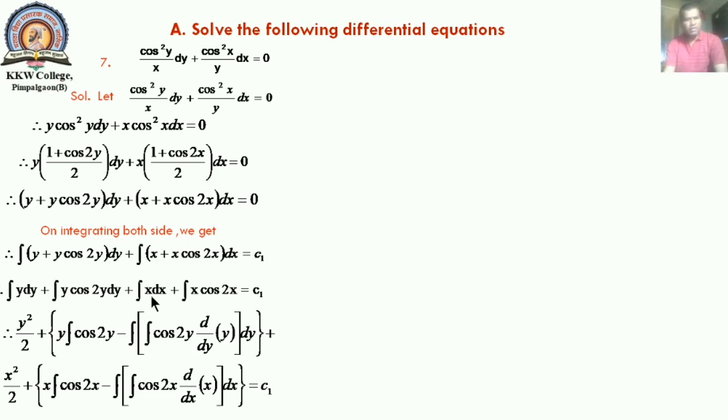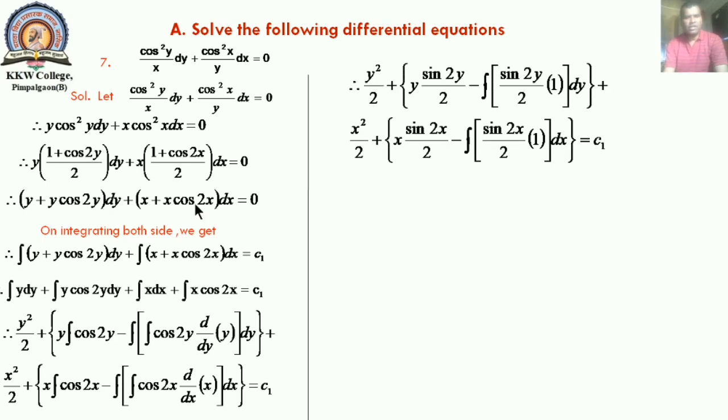Similarly, integration of x dx is x square by 2, and using the product rule, integration of x cos 2x is x keep as it is, integration of cos 2x dx, minus integration of the derivative of x into the integration of cos 2x. Integration of cos 2y is sin 2y upon 2, the derivative of y with respect to y is 1, the derivative of x with respect to x is 1, and integration of cos 2x is sin 2x upon 2.